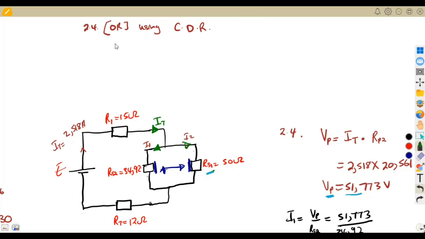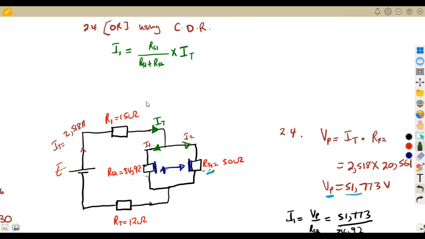So our formula is current 1 equals the resistor opposing current 1 on top, that's RS1, over the sum of the two resistors, RS1 plus RS2, times the total current.